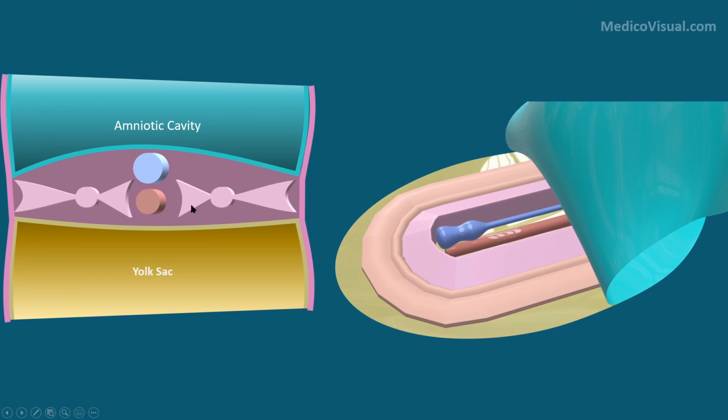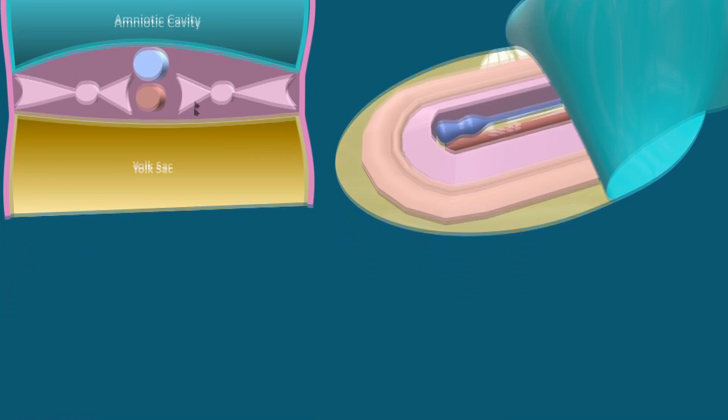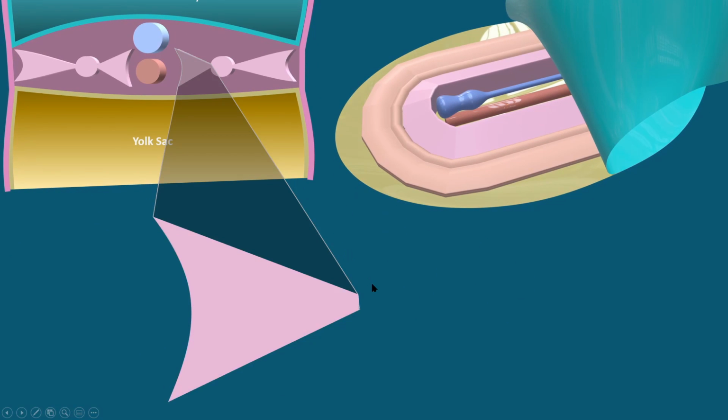To understand the process of somitogenesis, or formation of somites, let's zoom into this area and see what happens. So here is a zoomed-in cross section of paraxial mesoderm, and here you can see that it consists of irregularly shaped mesenchymal cells interspersed between a ground substance.